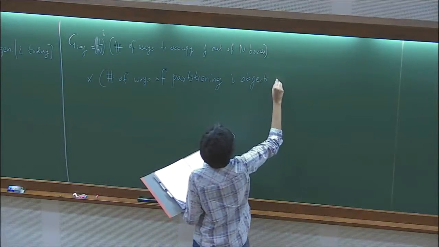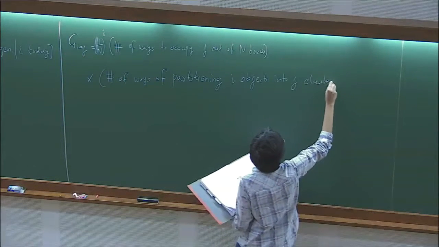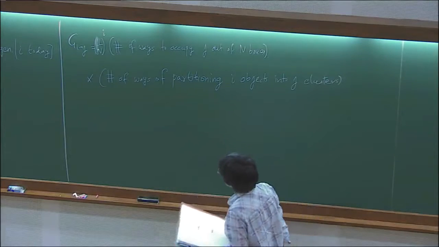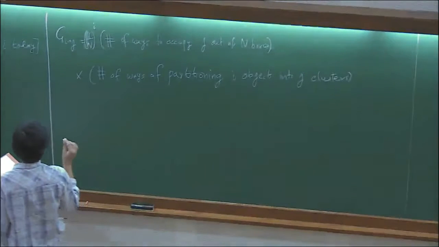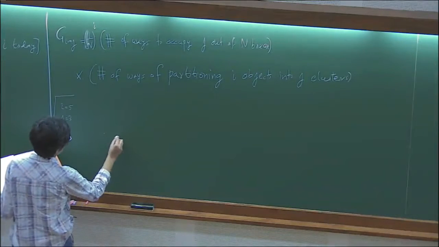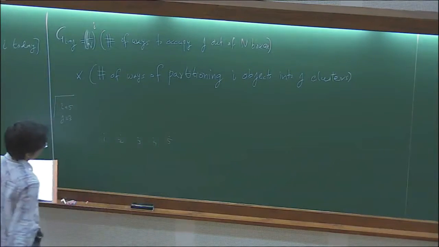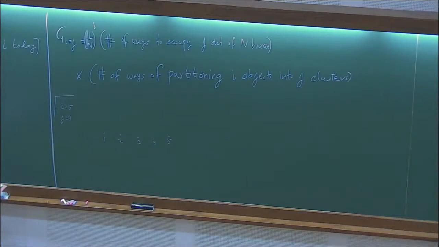Let me try to explain this by an example. Suppose I have i equal to 5, j equal to 3. So this is what I'm asking. I have 1, 2, 3, 4, 5 today, in just one generation, and they reduce to j. j has to be less because of coalescence.